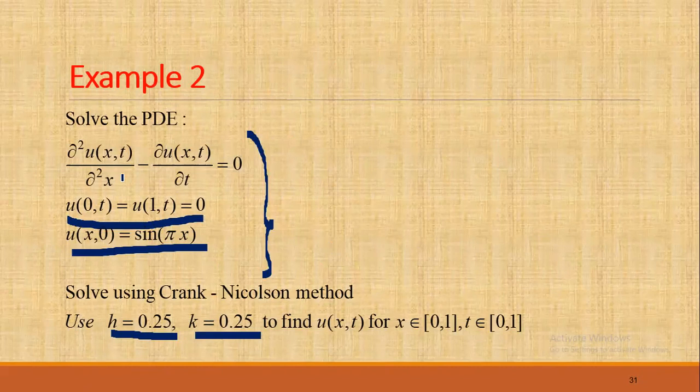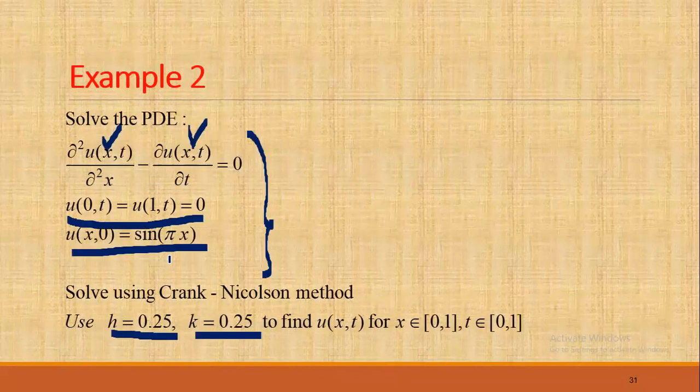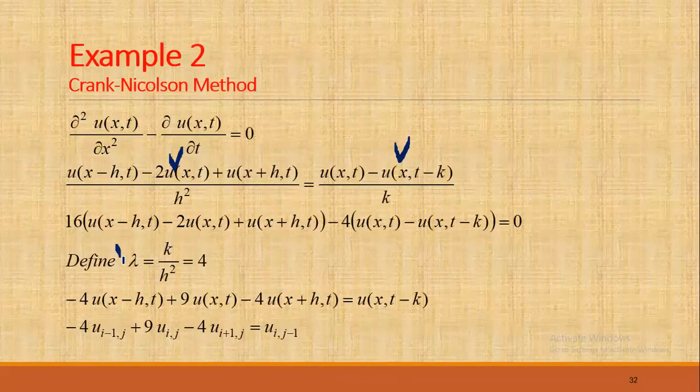Obviously, first we write central space and backward time. Backward time is this one and central space is this one. So k is equal to 0.25 and h is also 0.25, so we get lambda as 4, and we input lambda equal to 4 here.